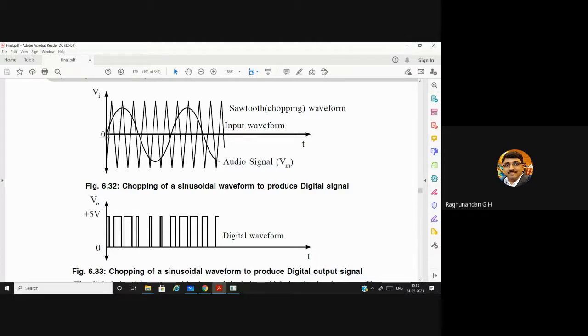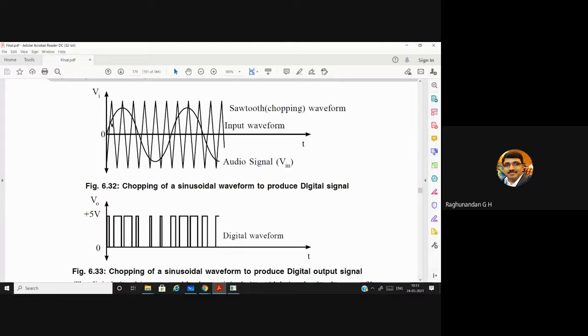See, in this small time duration, the sawtooth is in the negative phase, but the sinusoidal input is in the positive phase. So whenever the sinusoidal input is greater than the sawtooth waveform, during that time the pulse is produced. Now again, during this time duration, the sawtooth is greater than the sinusoidal waveform.